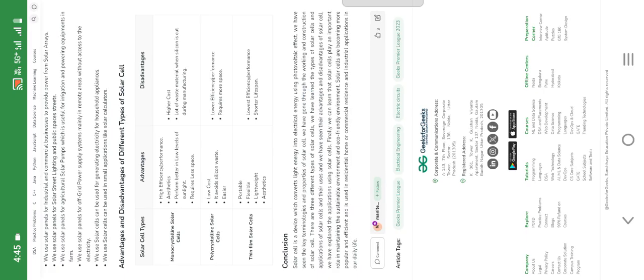While summarizing, solar cell is a device which converts light energy into electrical energy using the photovoltaic effect. We have seen the terminologies and properties of the solar cell, and gone through the working and construction of solar cell. And the three different types of solar cell have been seen.